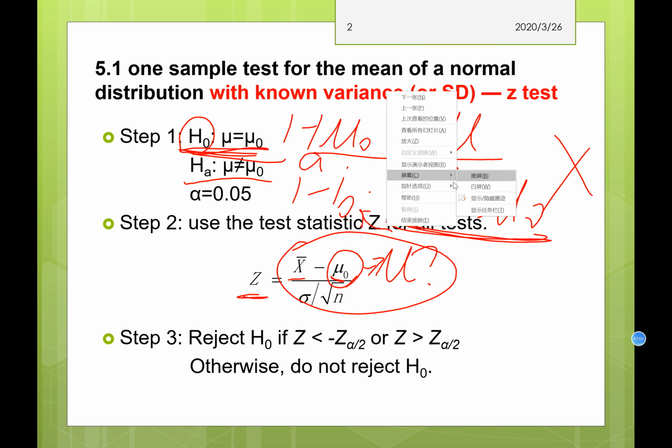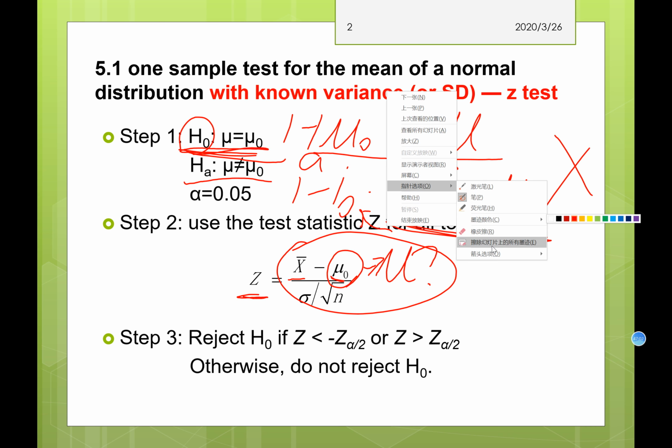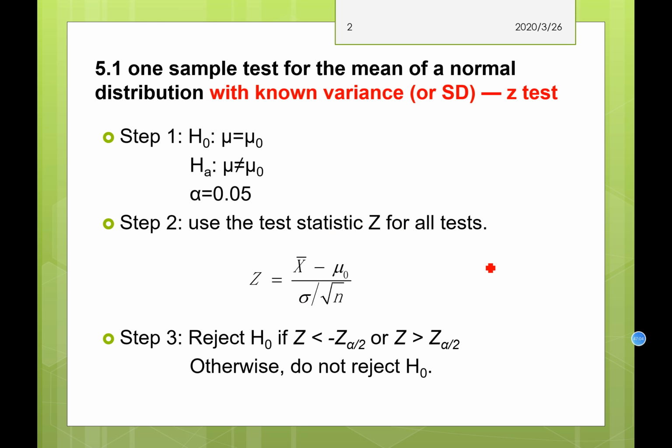Okay, so here, this is the step 2. And step 3 is to get the P value with the data of Z. So here, how can we get the P value, the corresponding P of the Z value? We need to use the appendix table A1. So do you remember that?